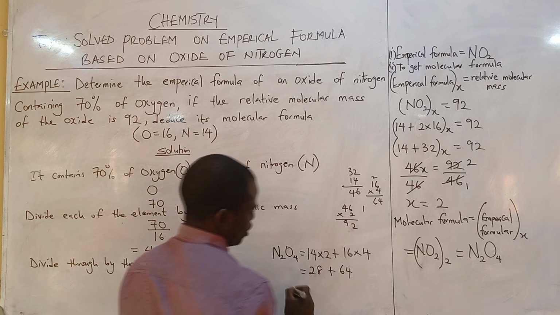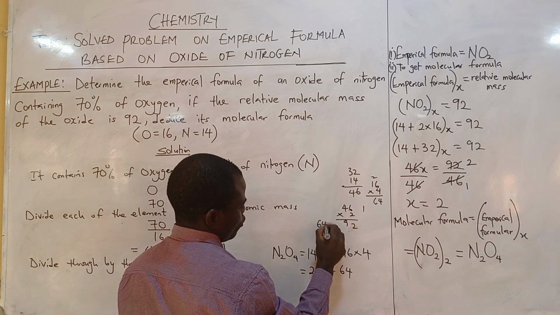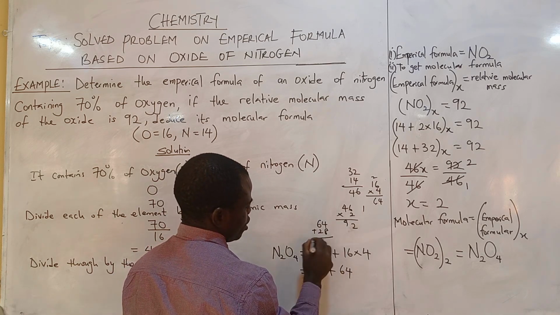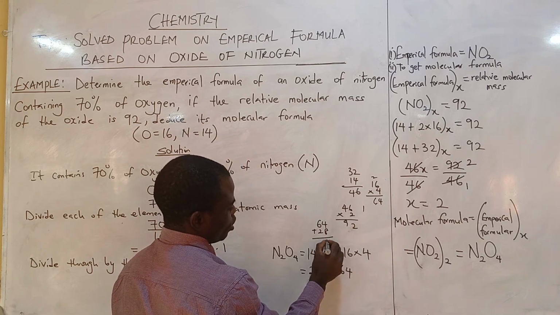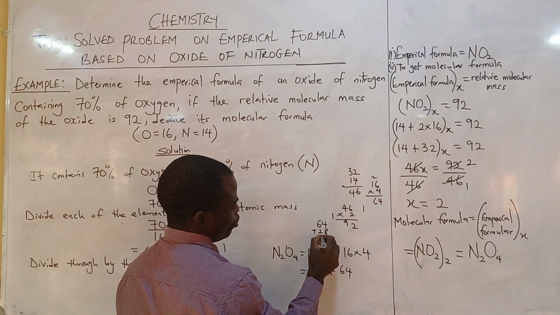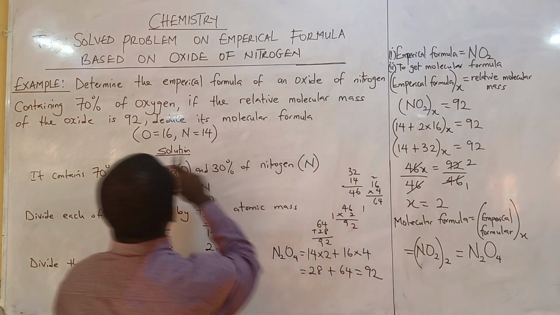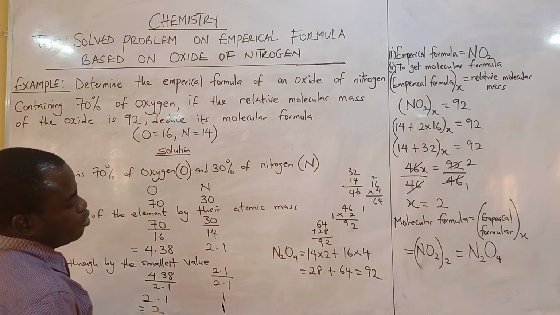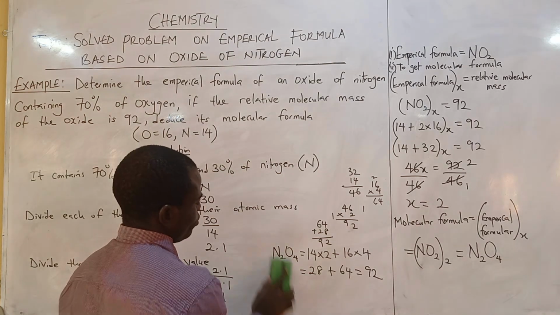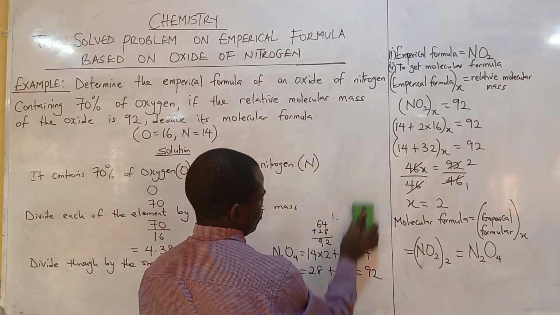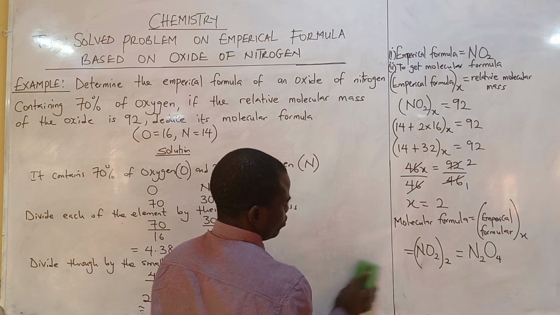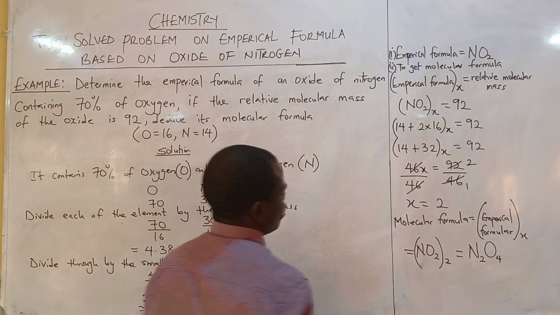That's 64. When you add it together, 64 plus 28. 8 plus 4, that's 12. Carry 1. 6 plus 2, 8 plus 1, 9. That's 92, which is the same thing as this. 92. Okay? This is the molecular formula.